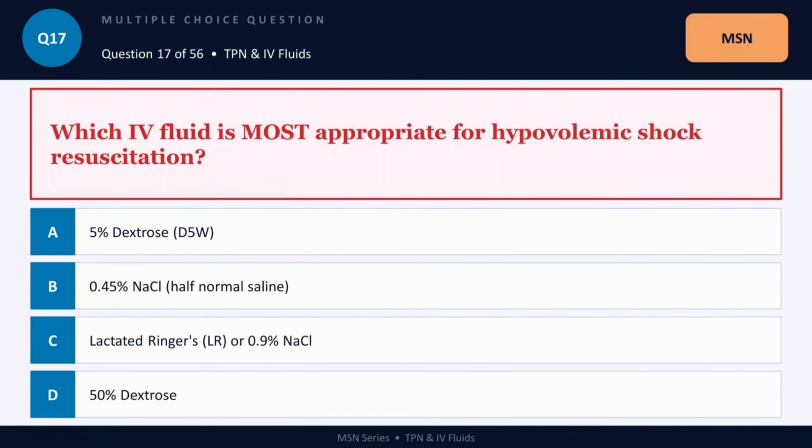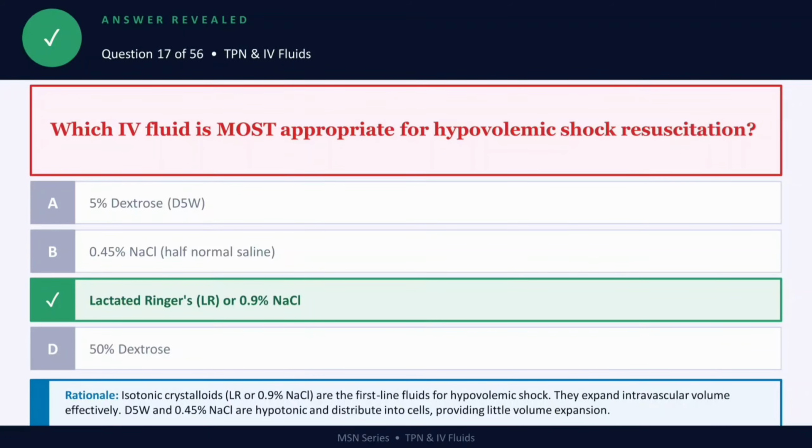Question number 17. Which IV fluid is most appropriate for hypovolemic shock resuscitation? Option A 5% dextrose. Option B normal saline. Option C RL. Option D 50% dextrose. The correct answer is option C RL, lactated ringers.